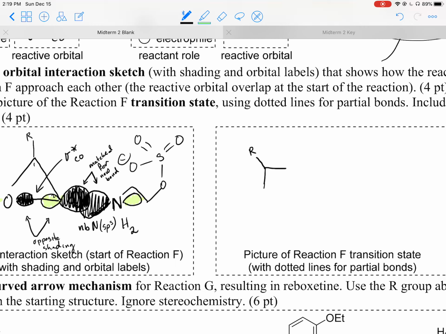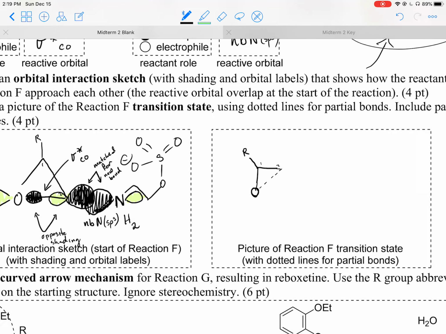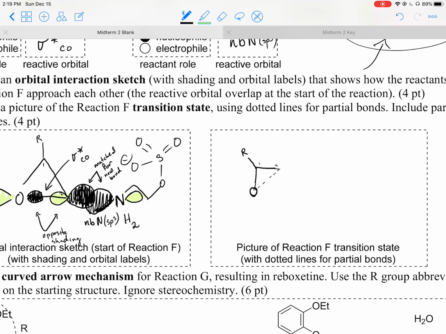So we're just going to spread that out so we can show this is oxygen right there, and then this is carbon 1, carbon 2. And then we are also forming a bond with nitrogen.